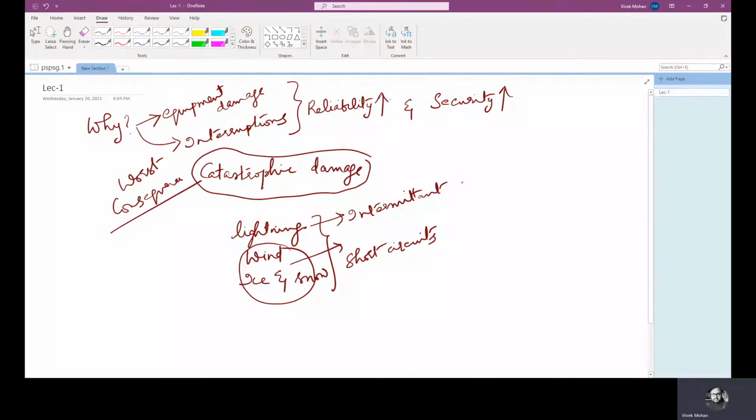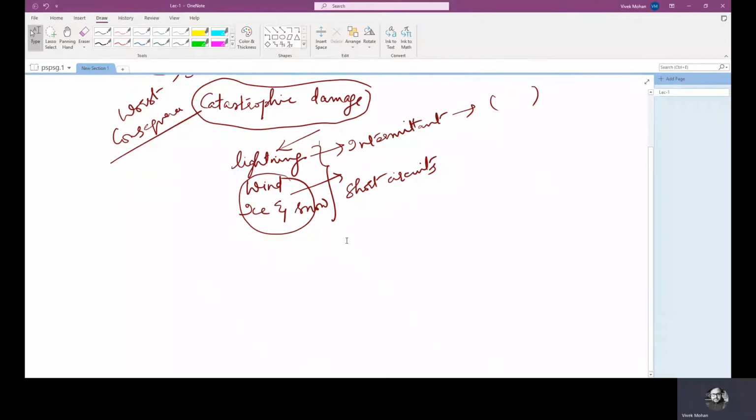But it may cause a permanent failure also. That we don't know. That depends on the type of lightning, the voltage involved and other things. We'll see it later. So a broad categorization of faults can be intermittent and permanent. What are intermittent faults?